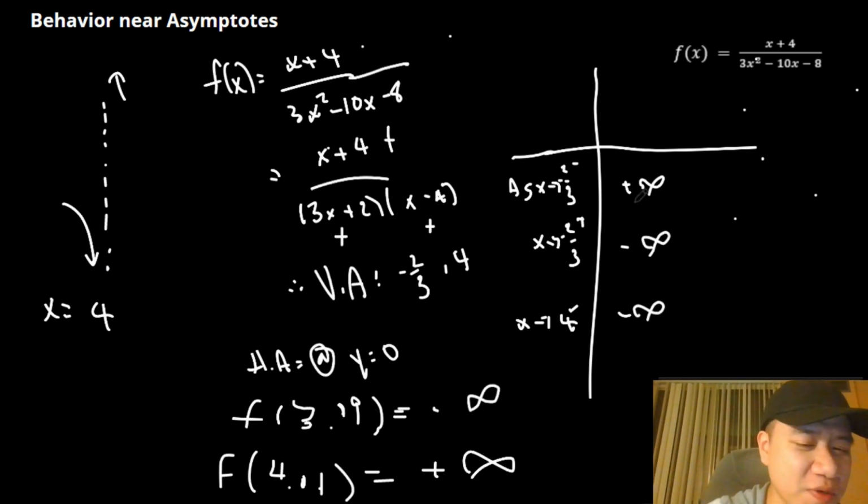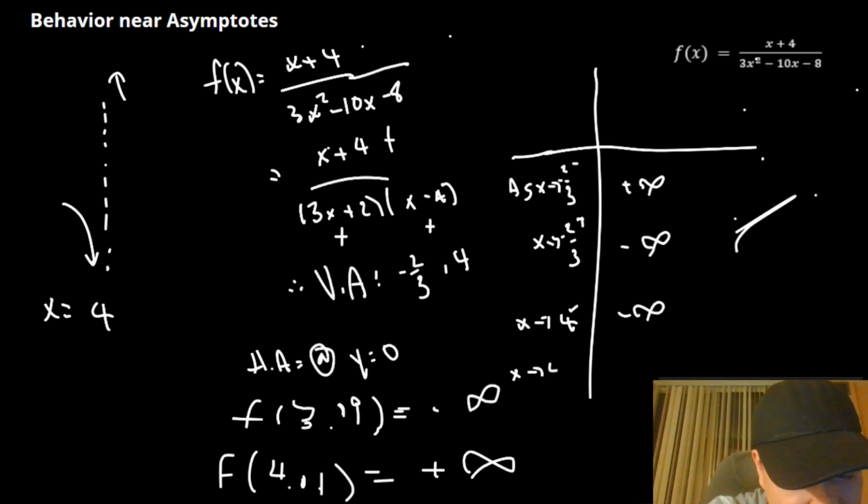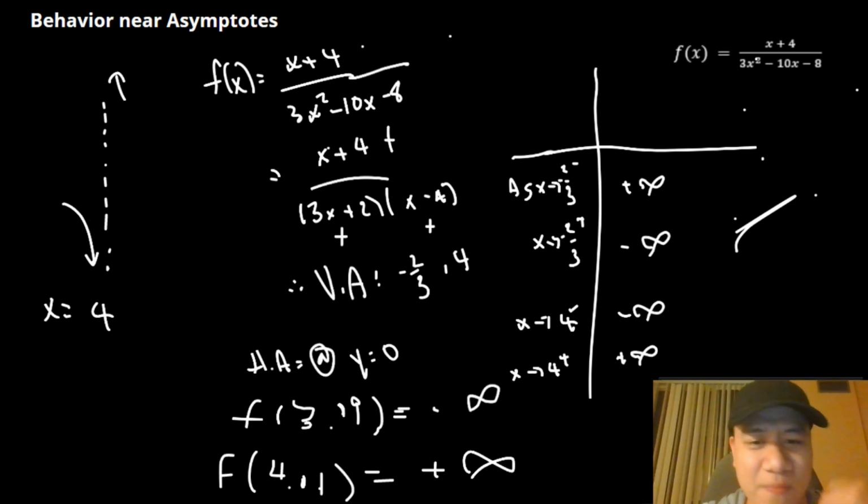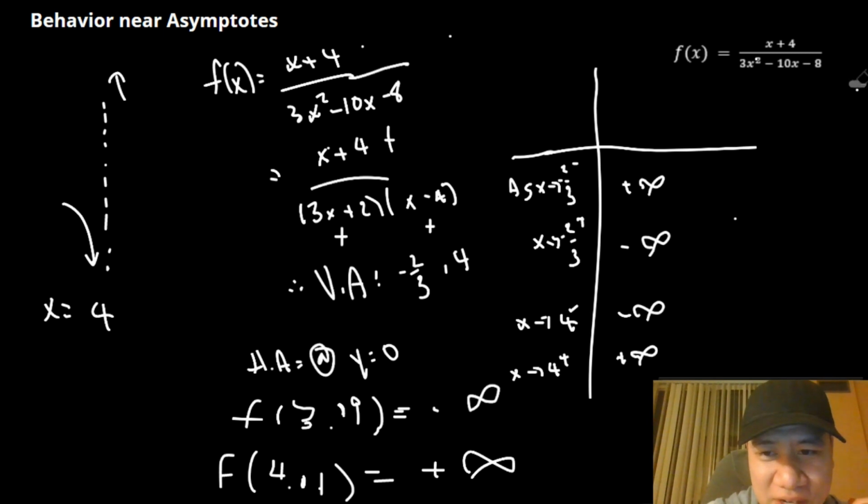And the other one's going to shoot up to positive infinity. So when x is approaching 4 from the right, it's going to shoot up to positive infinity. Okay. Hopefully everything's good. Okay. So we don't have much room in our table here. So what I'm going to do is erase this part.